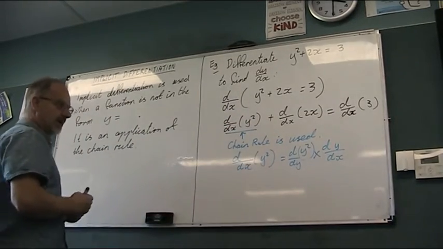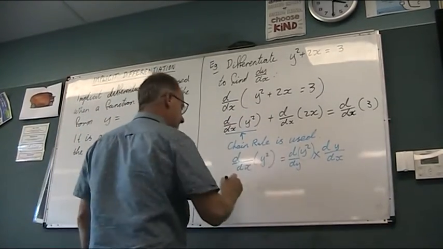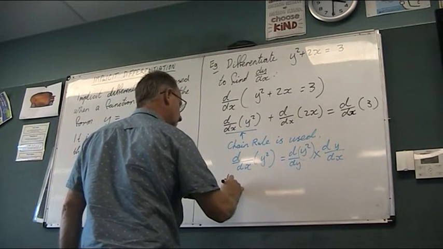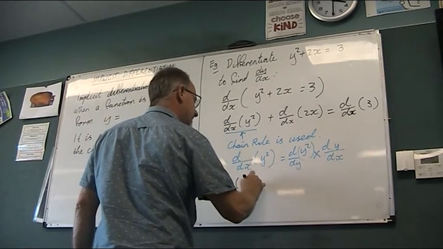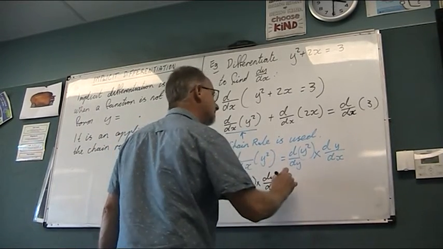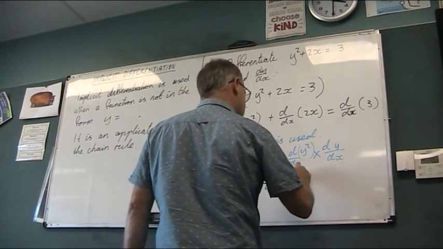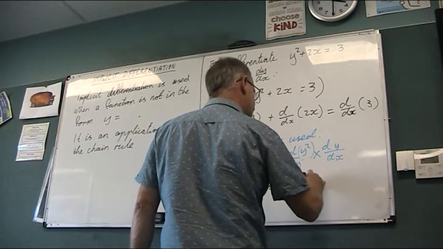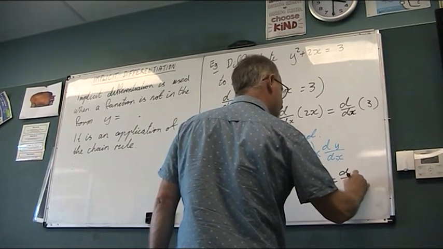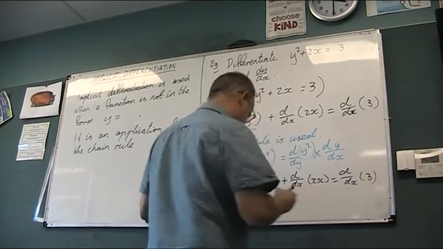All right. Okay, so when we differentiate, I've got y squared times dy dx plus the derivative with respect to x of 2x plus the derivative with respect to x of 3.